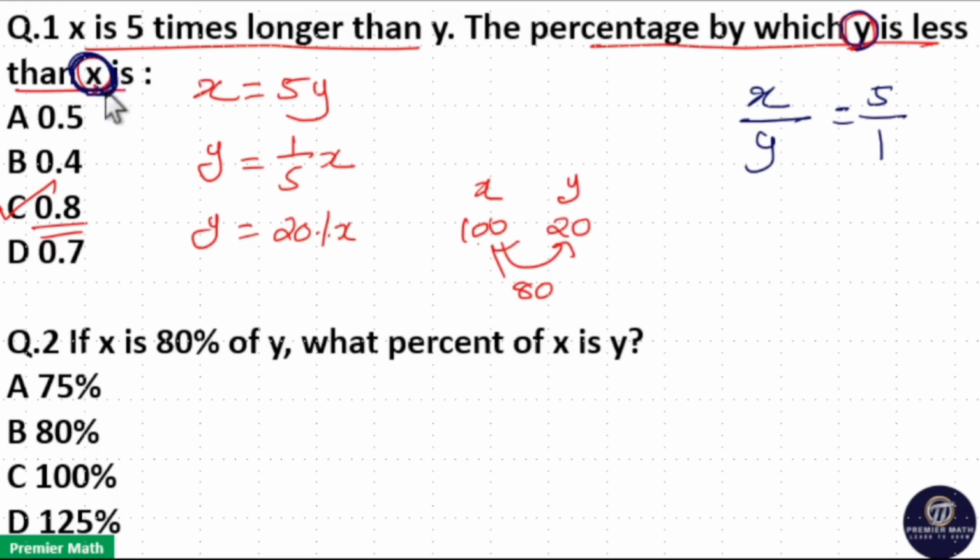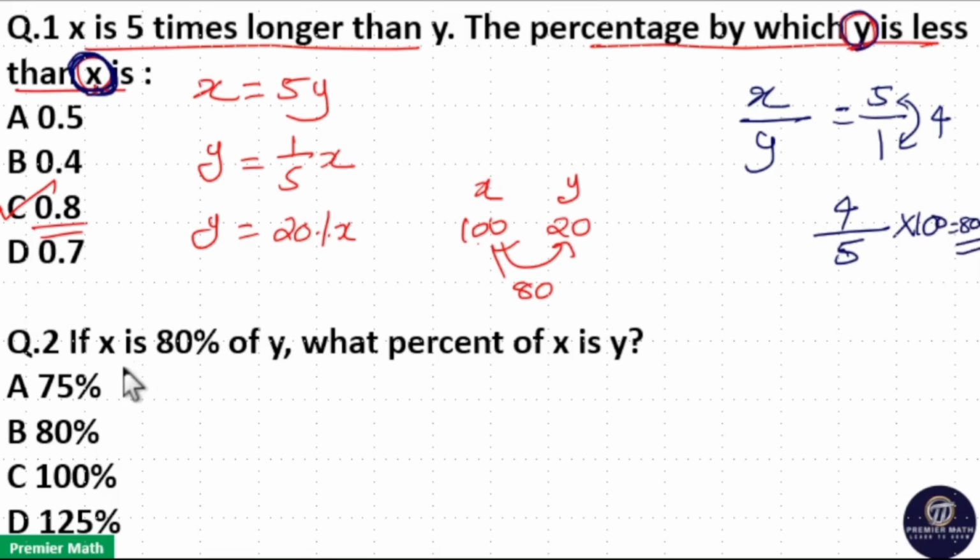Denominator x means x value is equal to 5. Now take the difference between x and y. How much less than x means take the difference. Difference is equal to 4. So 4 by 5 into 100 is equal to 80.